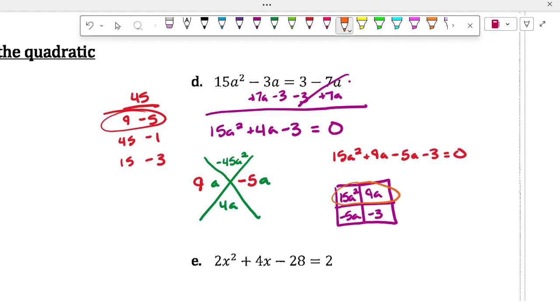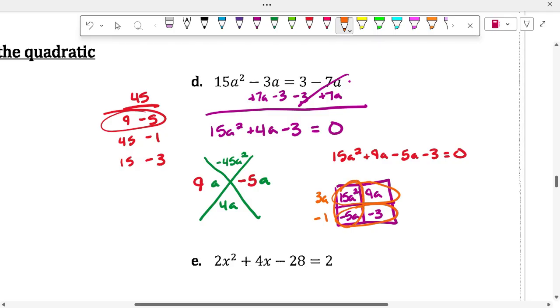So, what's the GCF of the first row? 3a. GCF of the second row? -1. This first box is negative, so you got to take a negative out. Don't forget that. If the first box, or the one right next to where you would write the number, when you pull it out, is negative, you've got to take a negative out.